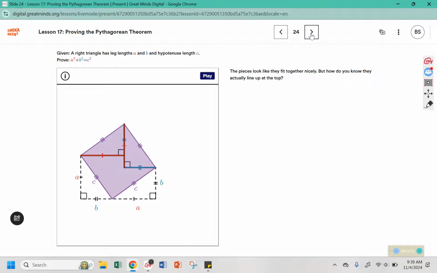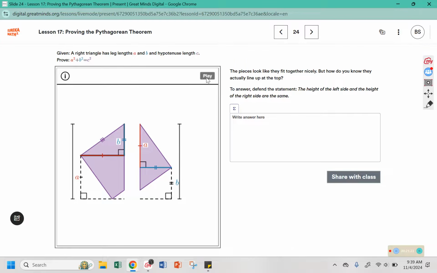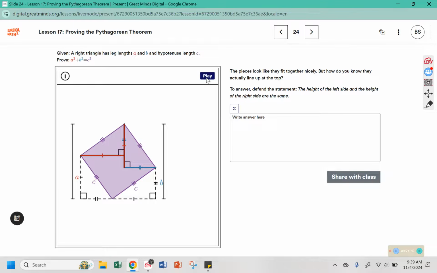It says the pieces look like they fit together nicely, but how do you know they actually line up at the top? Let's see here. It says to answer, defend the statement. The height of the left side and the height of the right side are the same. Well, this was B tall and A tall.